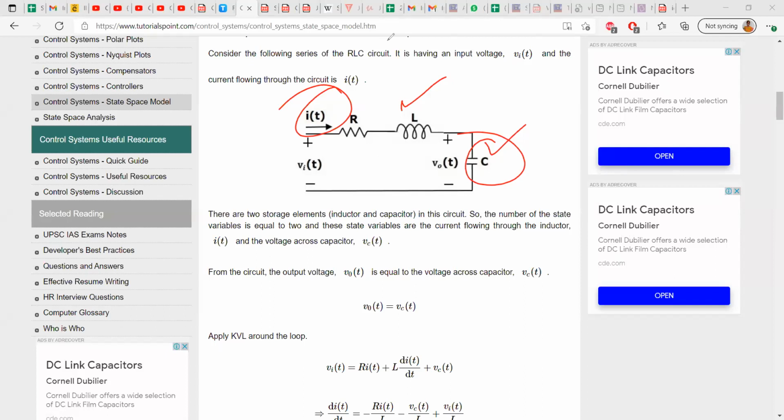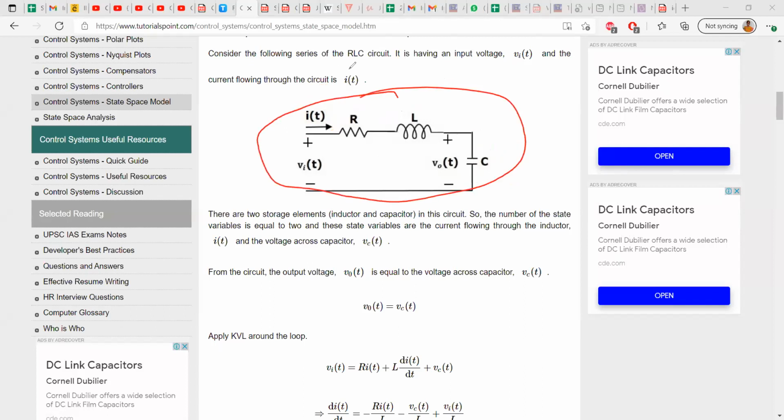Yeah. What are the state variables in this circuit? Current flowing through the inductor, voltage across the capacitor, which is Vc of t.